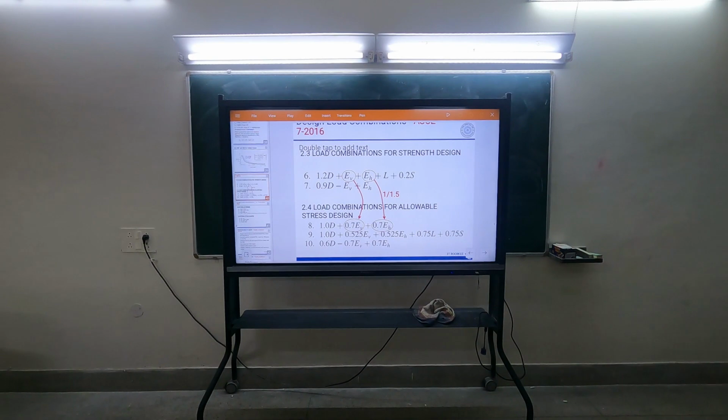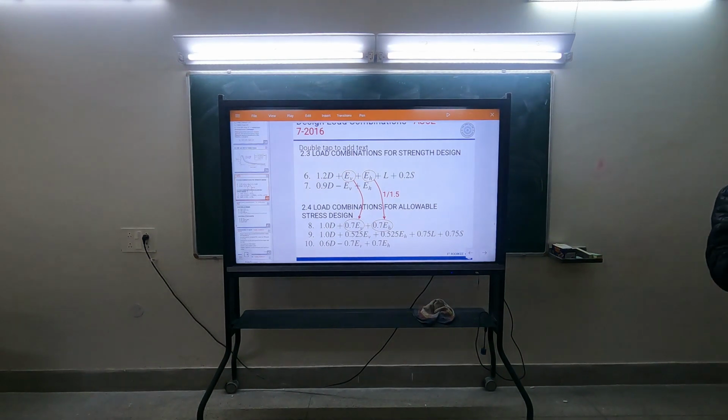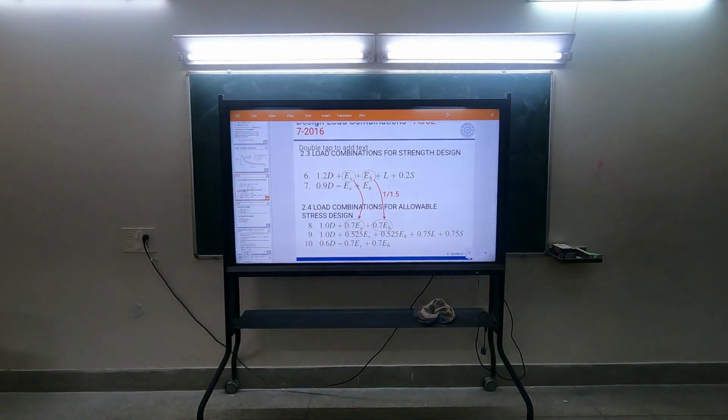So let us say you design a beam. Let's take a simple example. You design a beam as per IS 456 using limit state method. Okay, you will get certain capacity, or you can design it for certain capacity and then test it in the lab. Will you get the same capacity?